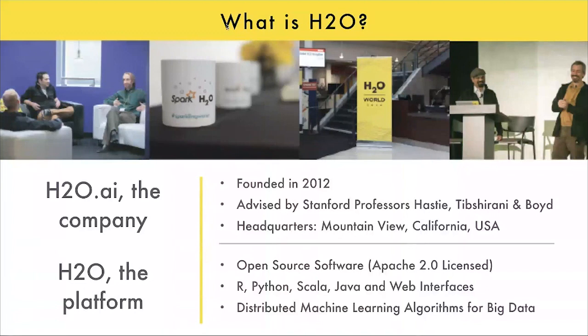The core of the platform is our own distributed machine learning algorithms. We have implemented a lot of the popular machine learning algorithms from scratch in Java in a distributed format, so that they can be run on large clusters and with a lot of speed. That was the point of it.